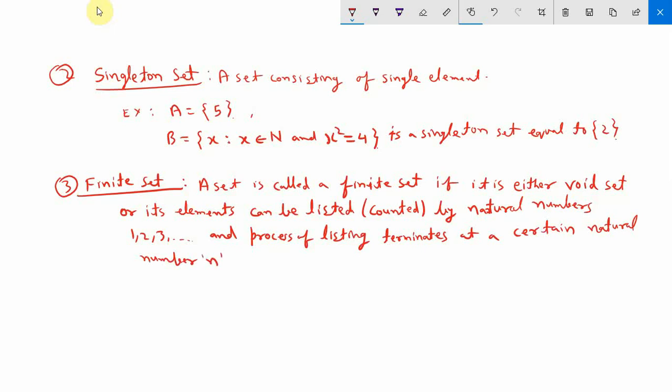Okay, certain natural number n. So cardinal number of a finite set. So what is a cardinal number of a finite set?